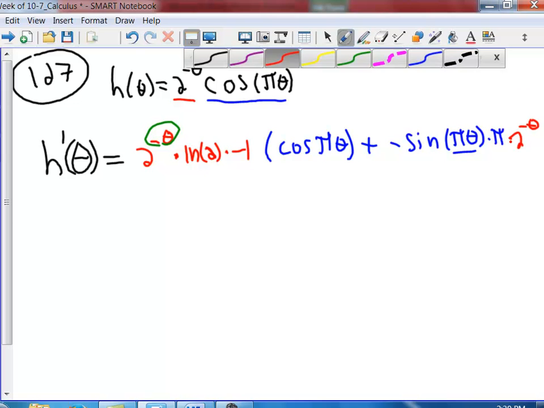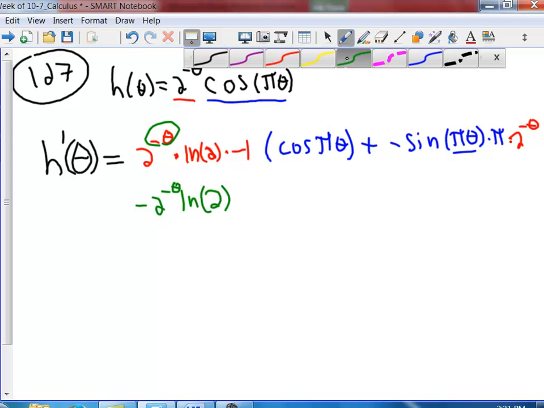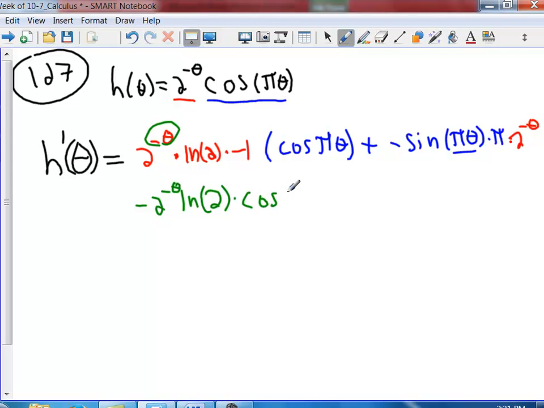Let's see what we can do for simplifying. We'll simplify in green now. So we've got negative 2 to the negative theta ln of 2, and this is still times cosine of pi theta.